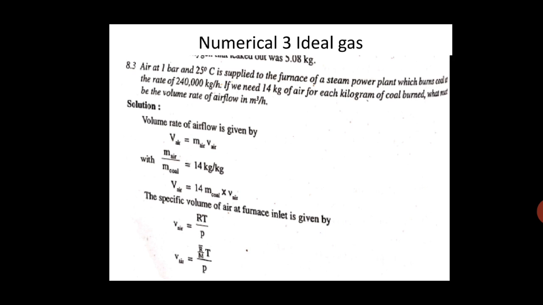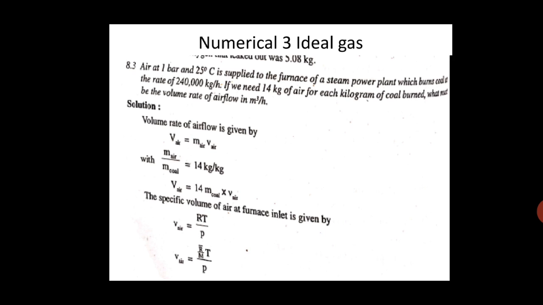Mass of air is in kg and specific volume is meter cube per kg. So the kg cancel, and what will remain is meter cube on both the left hand side as well as the right hand side of the equation.